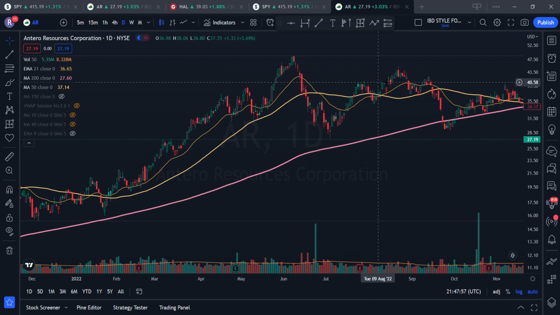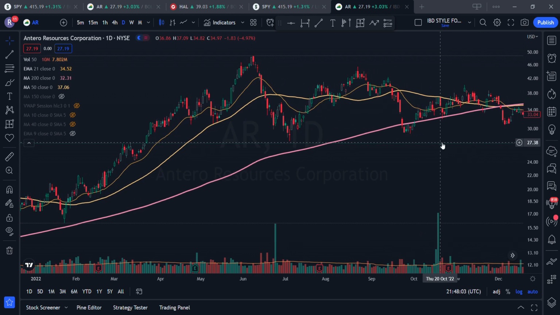So it comes down, makes a first attempt, fails to make a new high, comes down, and then fails to make a new high again. One of the key things in bearish price action is this rounding off of the price action.